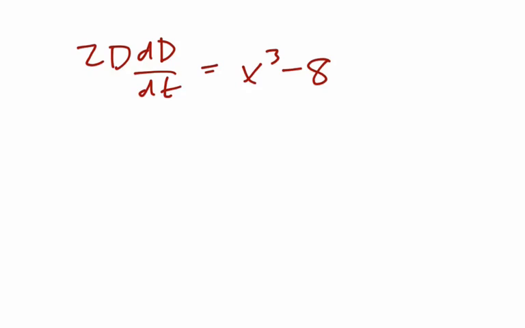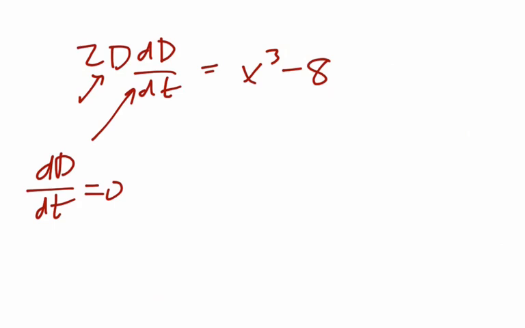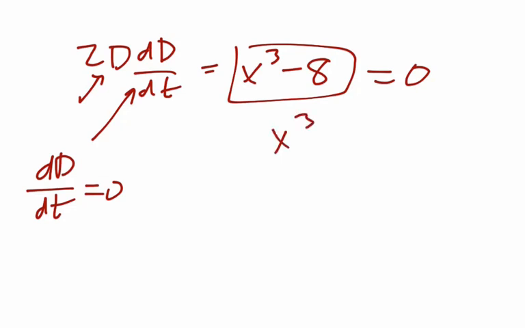Okay? And now remember that I'm looking for where dd/dx equals 0 because I'm doing my first derivative test. Well, the distance itself could never equal 0 because clearly the point (4, 1) is not on the curve. So what I'm going to do is make this equal to 0. So let's do it. x³ equals 8, so x equals 2.